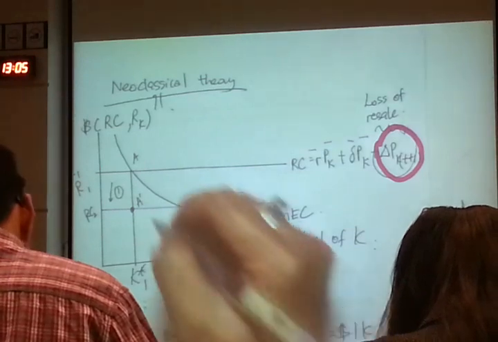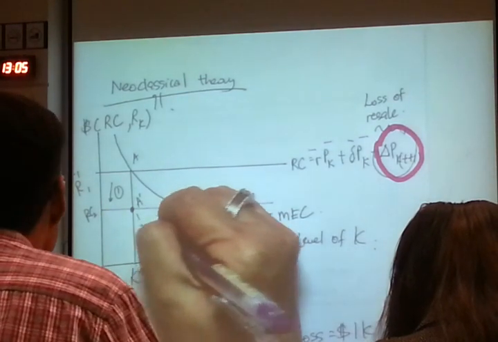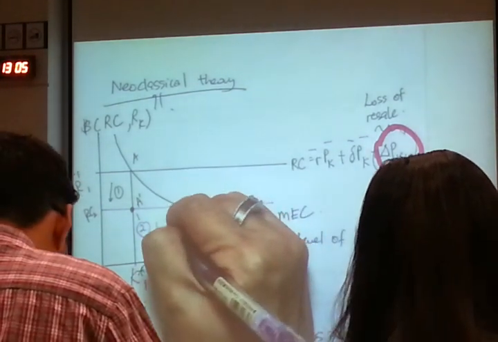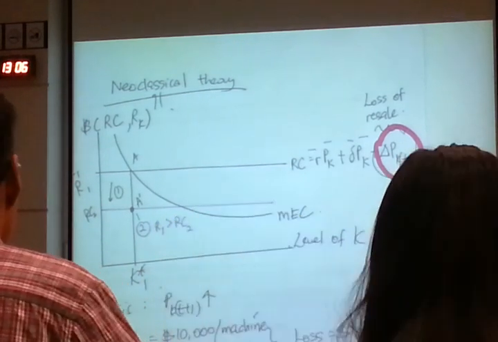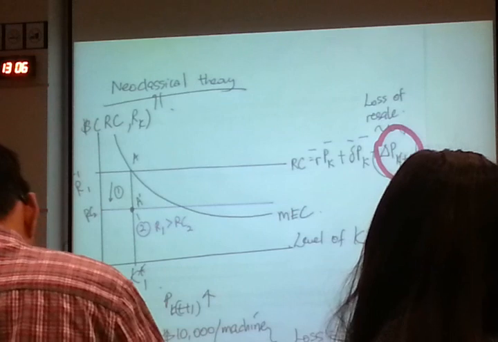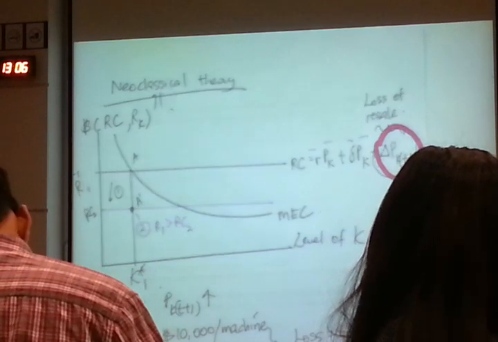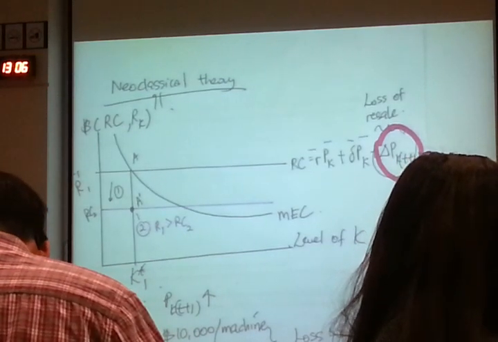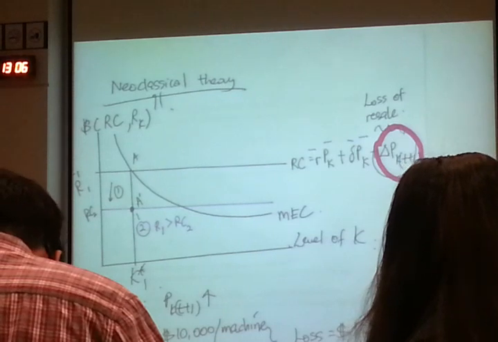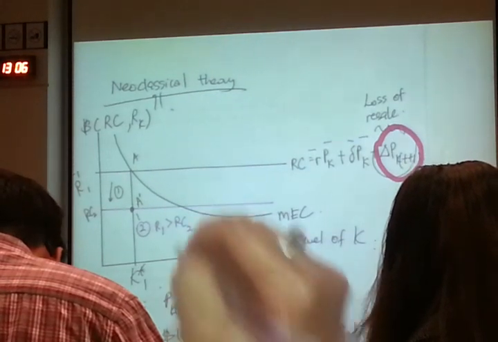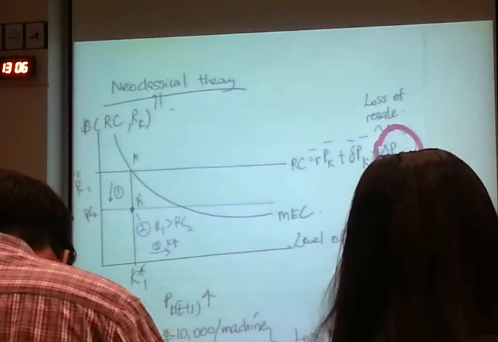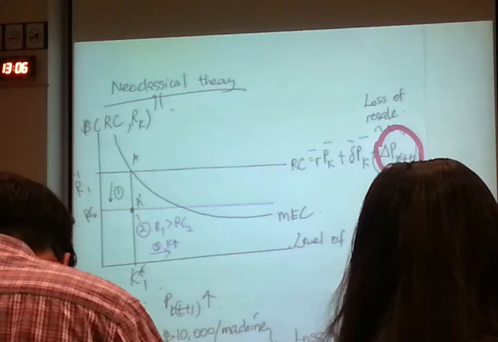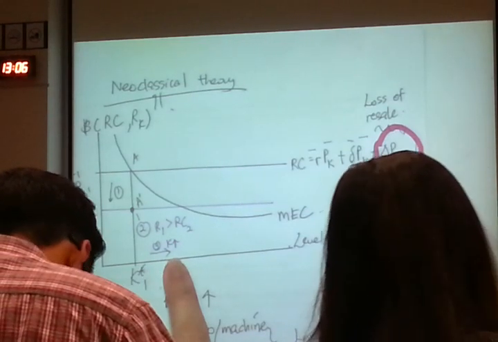Okay, so at point A prime, this is your step 2. You compare benefit with your cost. This is neoclassical theory. Neoclassical theory says you need to always compare benefit and cost. So that tells you, step 3, your K must increase, right? Because benefit exceeds cost, you can afford one more machine, so your K increases.